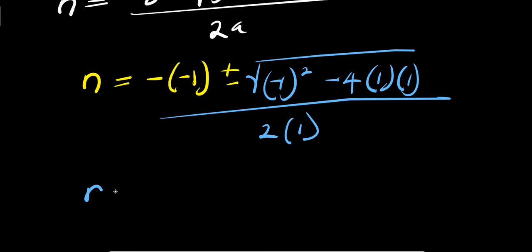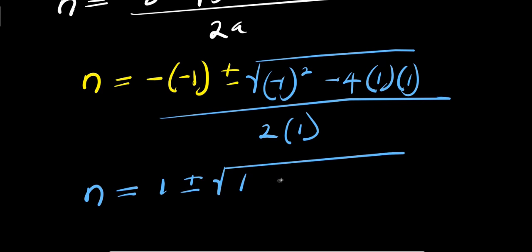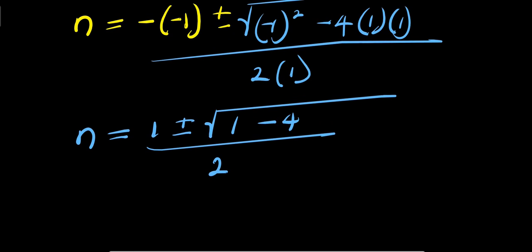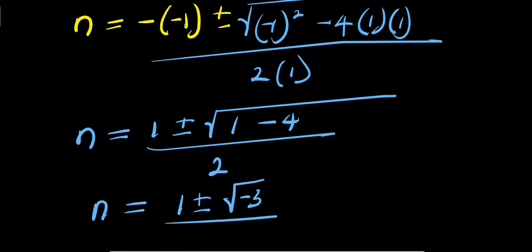So from here, you have n equals 1, plus or minus square root of 1 minus 4, divided by 2. So from here, you have n equals 1 plus or minus square root of minus 3, divided by 2.